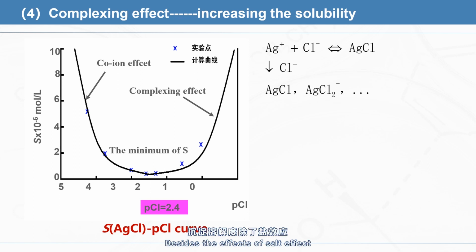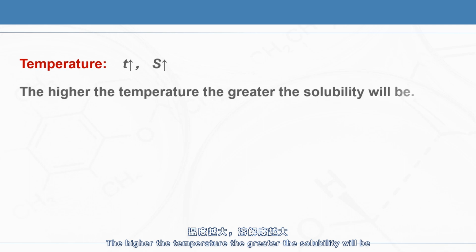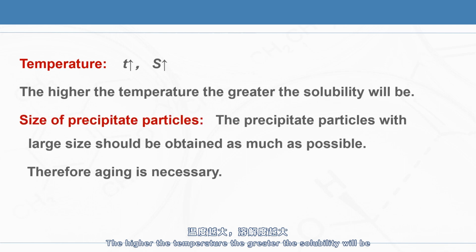Besides the effects of salt effect, co-ion effect, acid effect, and the complexing effect, precipitate solubility is also affected by other factors such as temperature, particle size of precipitate, and solvent. The higher the temperature, the greater the solubility will be, and the solubility of precipitate with smaller particles will be greater.